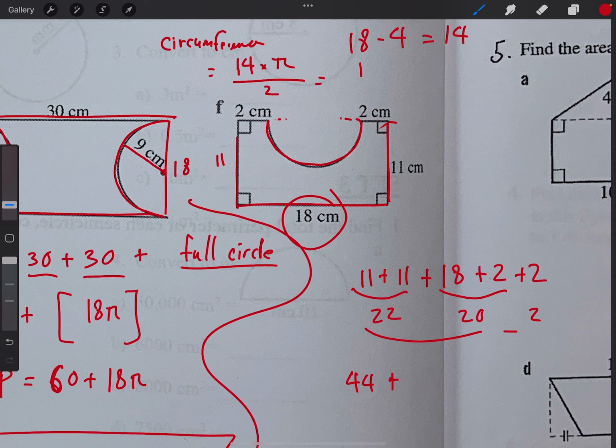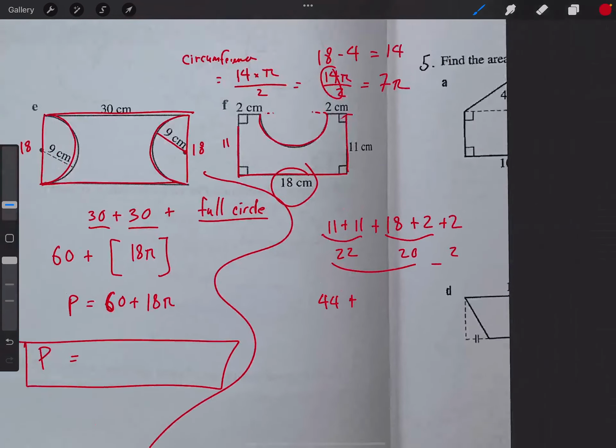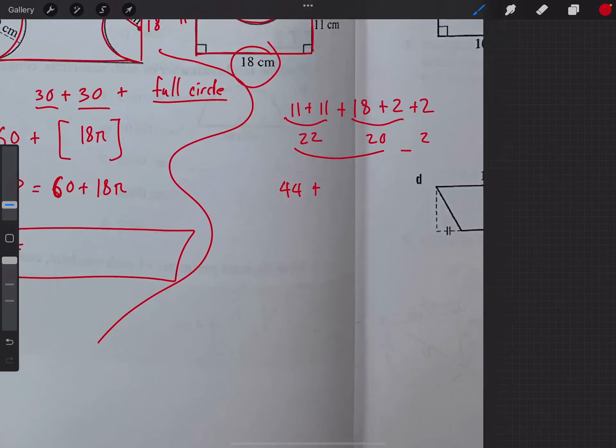So that is 14 pi on 2, and that's going to give you 7 pi. 14 divided by 2 is 7, so 7 pi. So altogether we add 44 plus 7 pi, and that gives me the exact value for the perimeter. Put it into the calculator and get your answer.